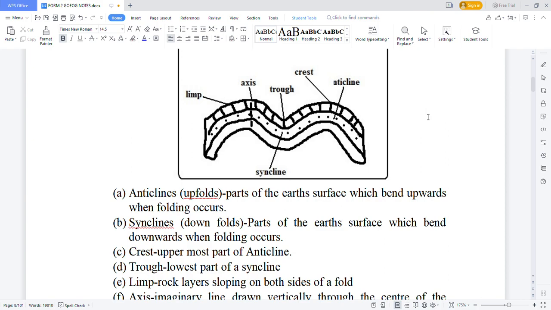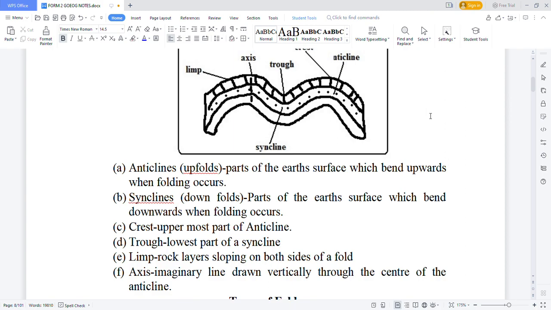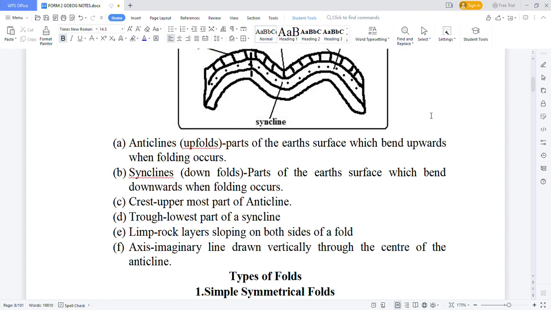The uppermost part of an anticline is called the crest. Trough. The lowest part of a syncline is called the trough. Then you have limb. Rock layers sloping on both sides of the fold.